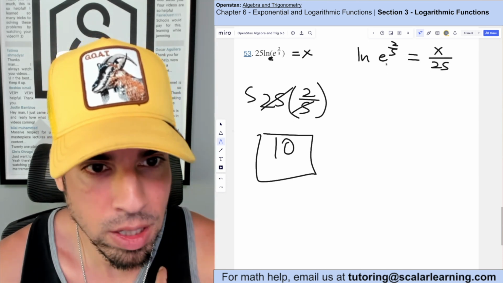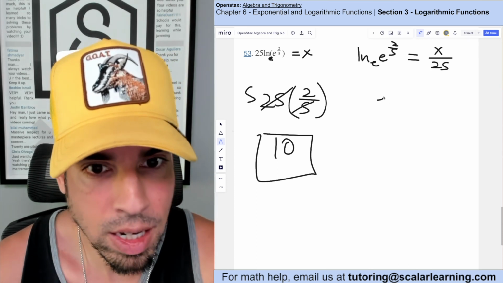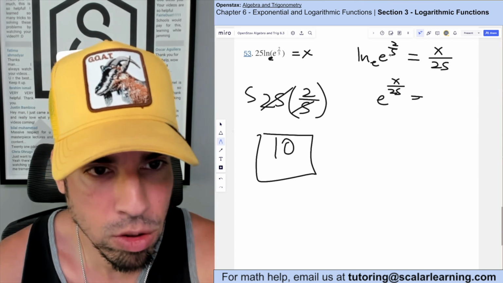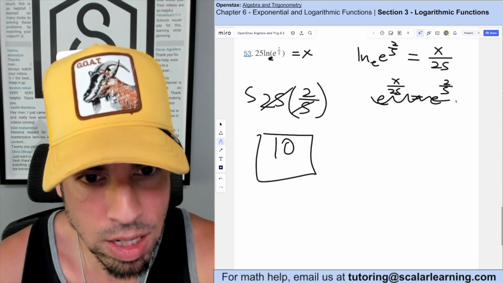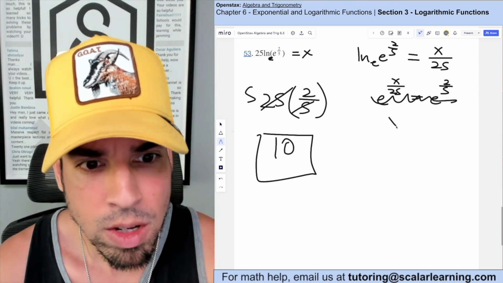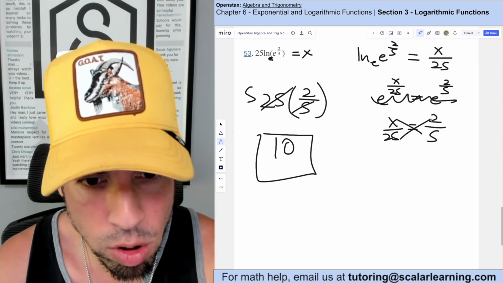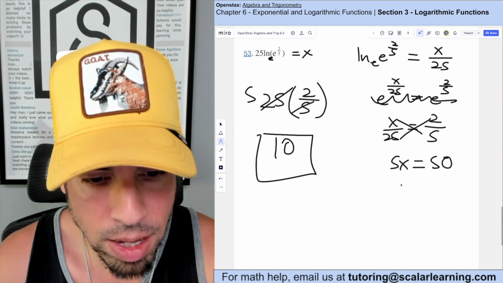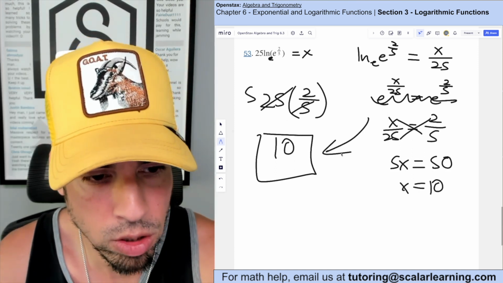Now to convert this to exponential, remembering that natural log is really base e, we're saying e to the x over 25 equals whatever we have in here, which is e to the 2/5. Now I can set these two exponents equal to each other because we got e and e. So x over 25 equals 2 over 5. We can do a little cross multiplication. 5x equals 50, which again gives us a value of x equals 10. So 2 ways to get to the same answer. 10 is the winner. Done.